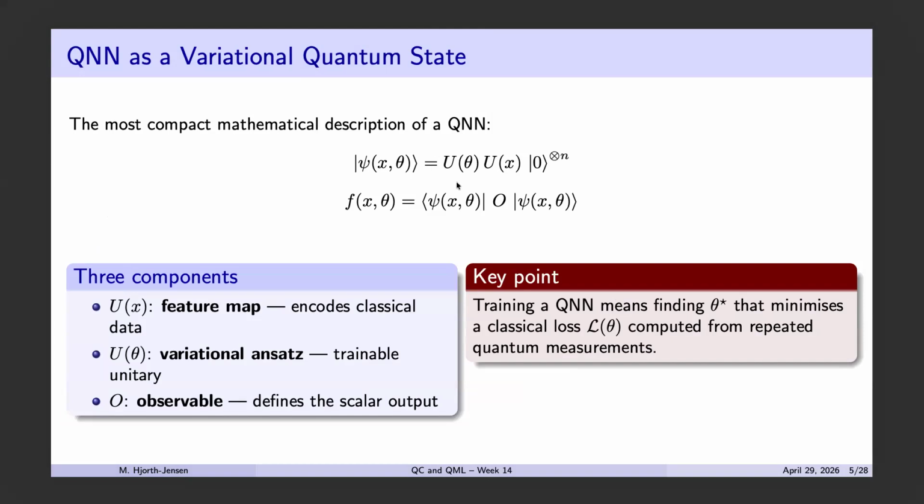So if we now think of a quantum neural network, the way we are going to do that is that we are going to have a variational ansatz, which now contains trainable parameters. And then there is a part here where we translate classical data. This is a topic which we will say a little bit more about next week. You can think of quantum machine learning as a set of algorithms which can act on quantum data.